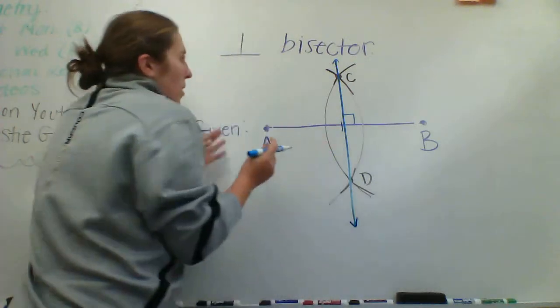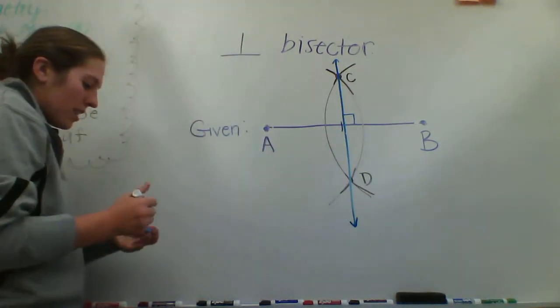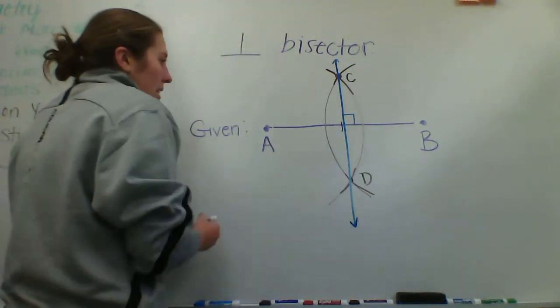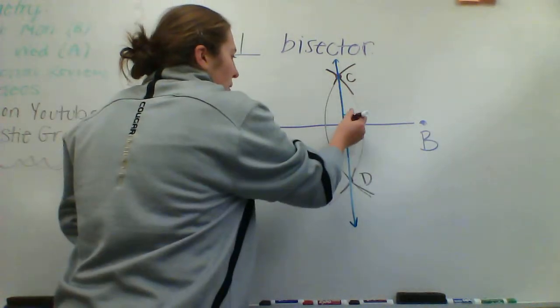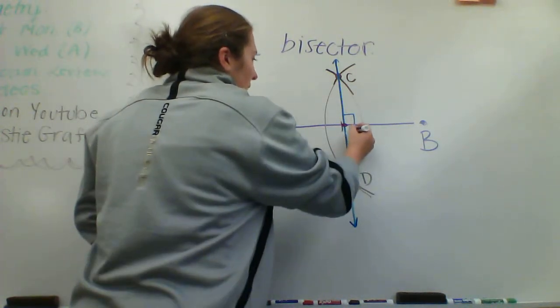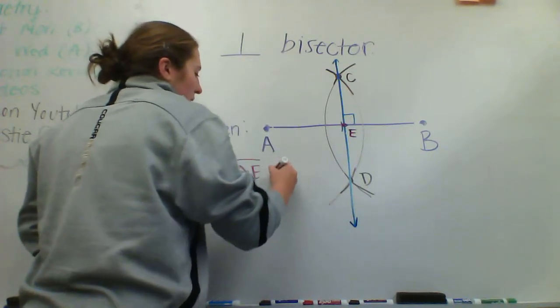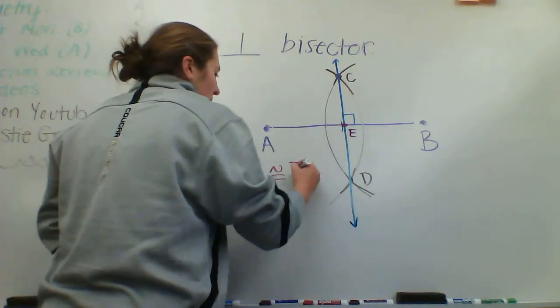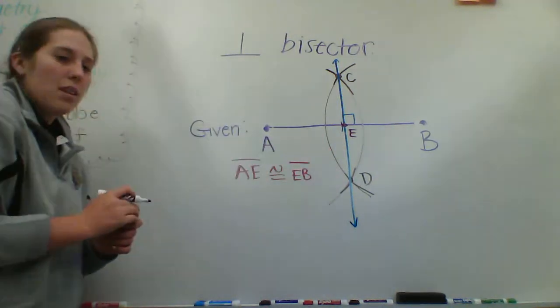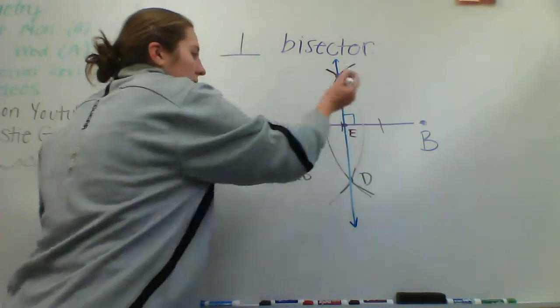So then we know because it's a bisector, where this point intersects AB, I'm going to label that E. We can say that the segment AE is congruent to the segment EB because it bisected this line.